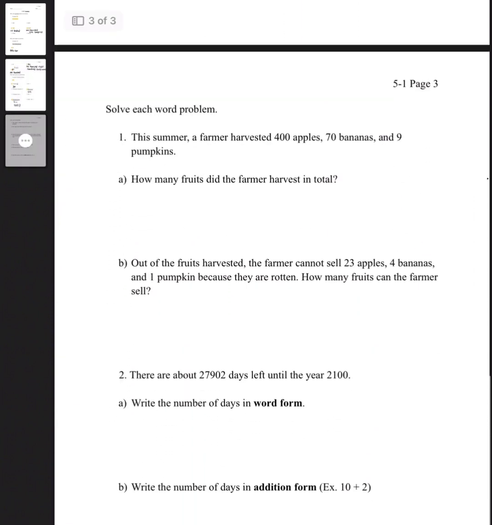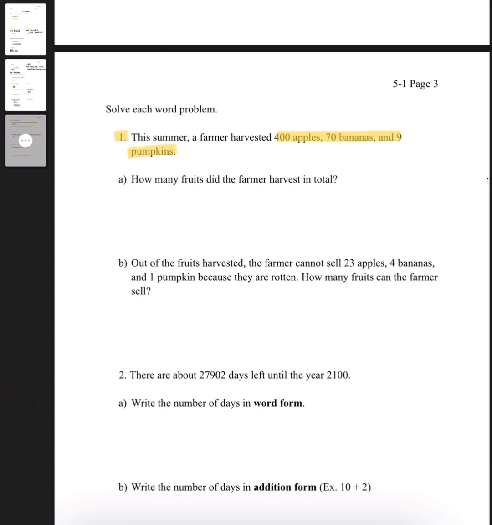Lastly, we have a word problem, and I'm going to be going over number 1. It asked us, this summer a farmer harvested 400 apples, 70 bananas, and 9 pumpkins. And A asked us, how many fruits did the farmer harvest in total?